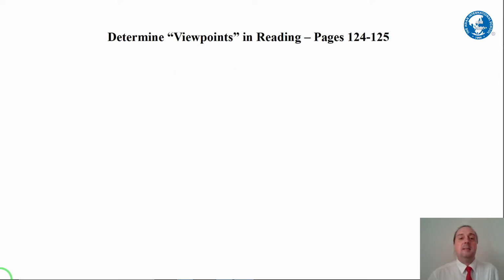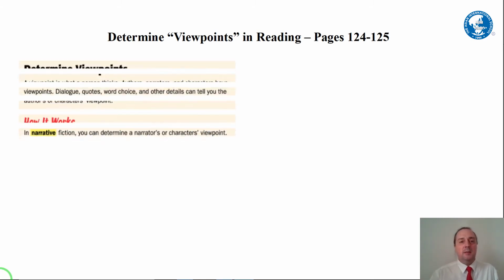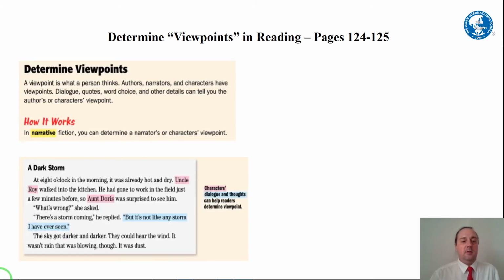Okay, next, we're going to talk about how to use a viewpoint when we are reading. Okay, so first, what is a viewpoint? A viewpoint, we see here, is what a person thinks. Authors, narrators, characters have viewpoints, depending on how you write the story, or how you write anything.